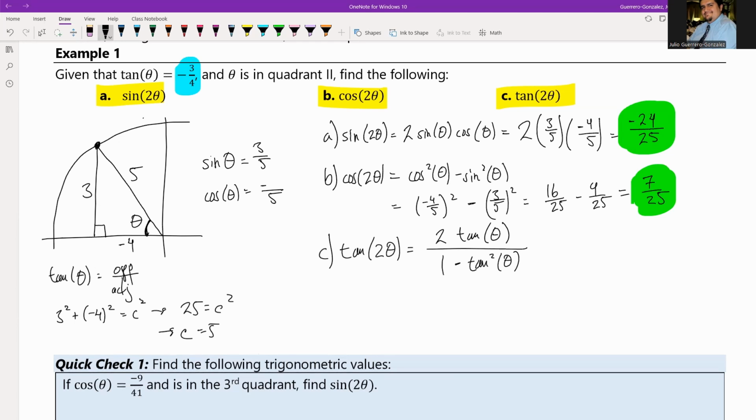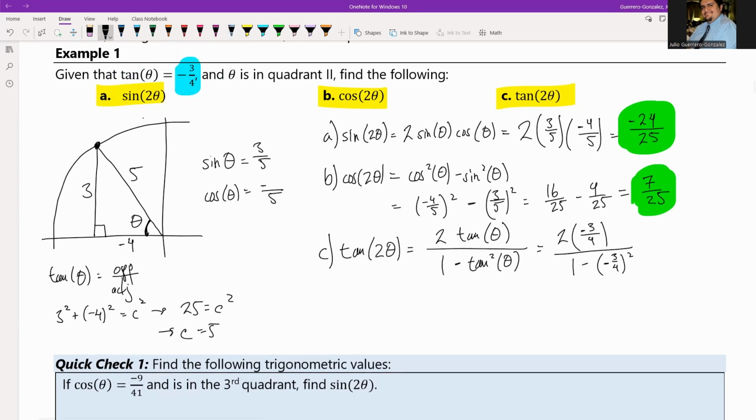Now, we have tangent theta from the very get-go, so we didn't need to do all this extra stuff for tangent. Tangent theta is negative 3 over 4, so this is 2 times negative 3 over 4 divided by 1 minus negative 3 over 4 squared, since tangent theta was given to us way up here.